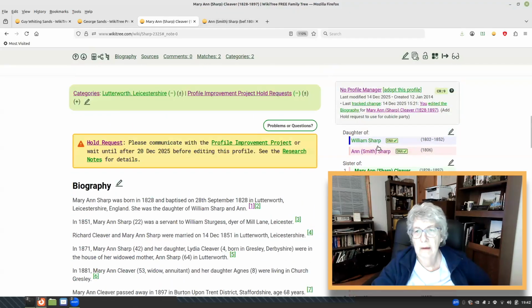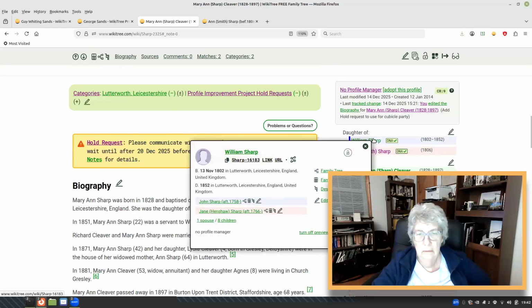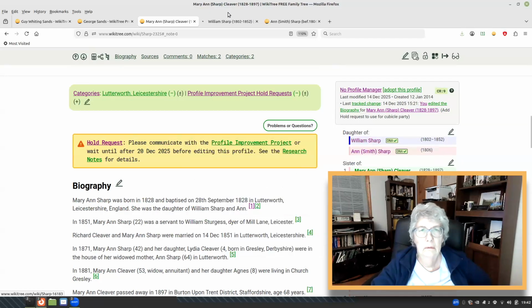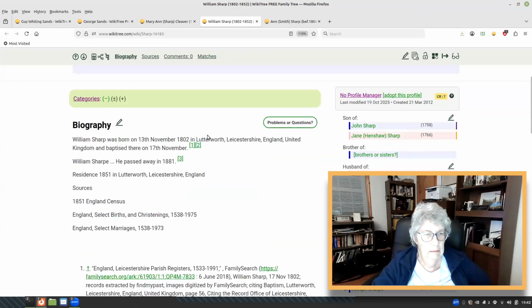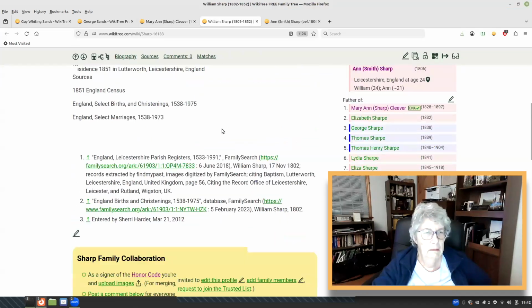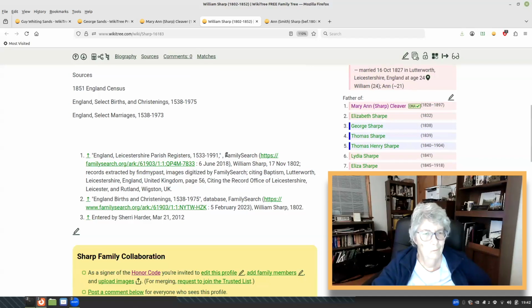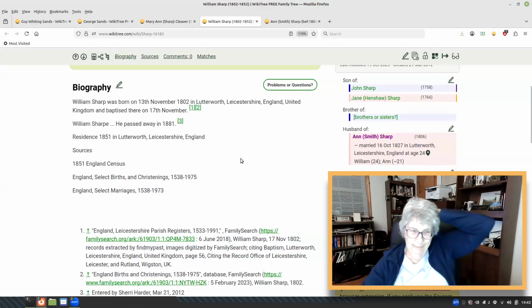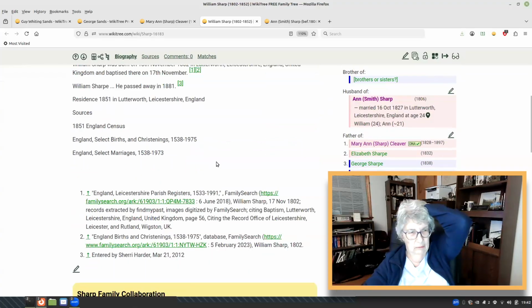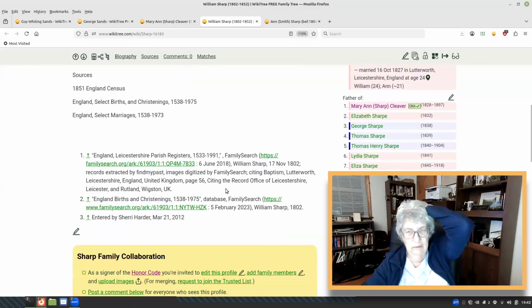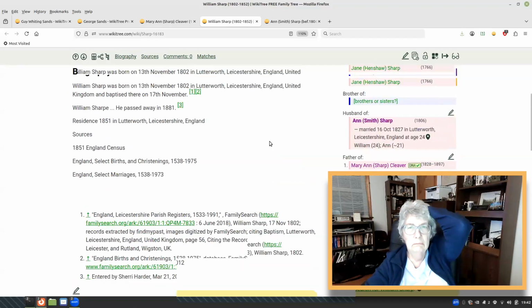We don't have her father here. Let's look at Daddy. I'm guessing that's the same William Sharp, but we don't know if this is the same one that was married to Anne.